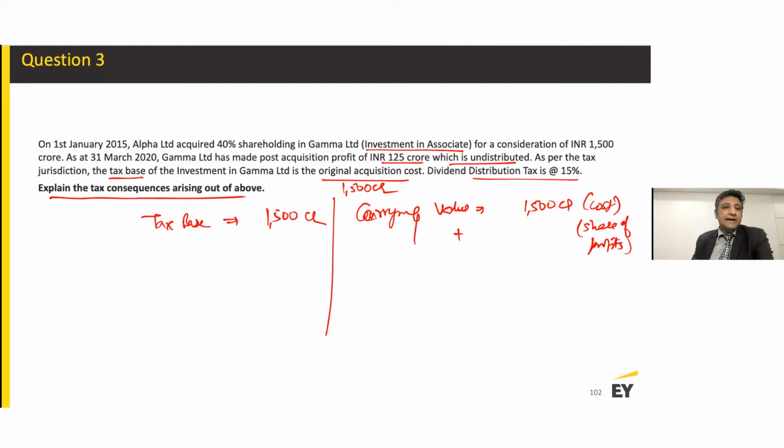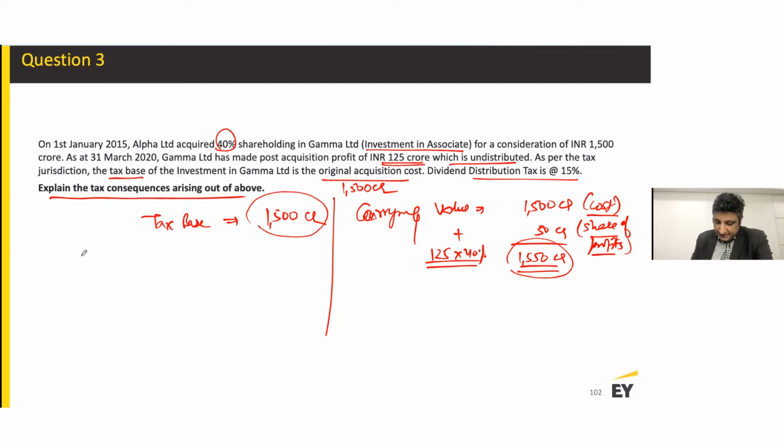Alpha has acquired a 40% stake in Gamma, and Gamma has made a post-acquisition profit of 125 crores, which means that on this 125 crores, 40% belongs to Alpha, right? And an investment in associate is measured at the cost plus the share of profits. That makes it 1550 crores.